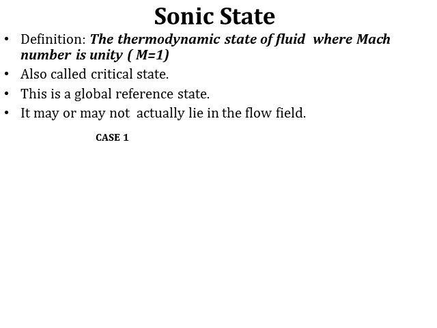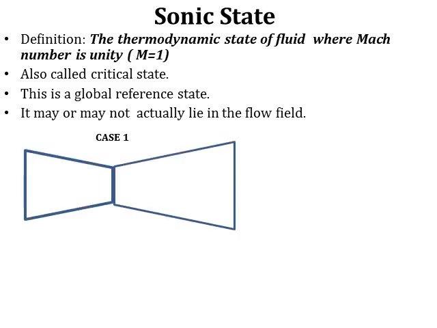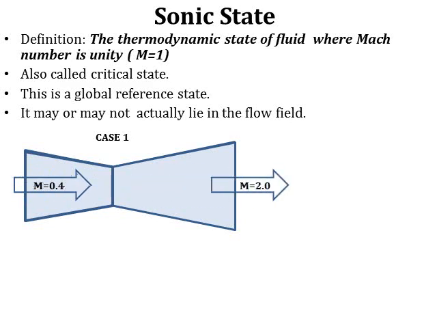Now, consider case 1, where we have a supersonic nozzle with inlet Mach number 0.4 and exit Mach number 2. That means the flow is getting converted to supersonic flow from subsonic flow. During this, there is a region of least cross-section area which is known as the throat of the nozzle.